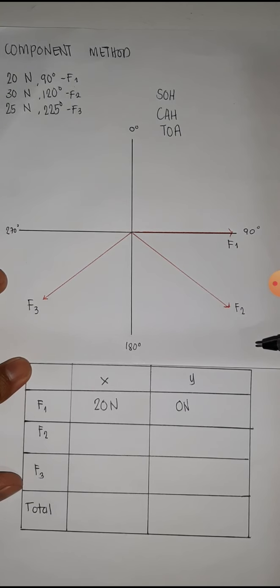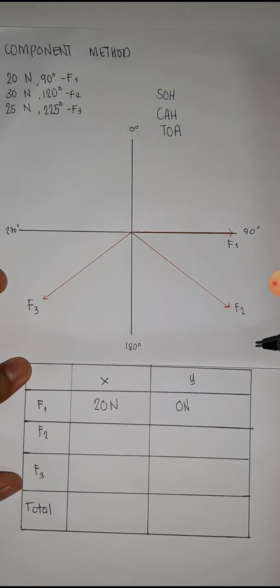This is your y component, this is your y-axis. If you're going to use this angle to find the x component, this is the x-axis, so the x component of your second vector should lie here.